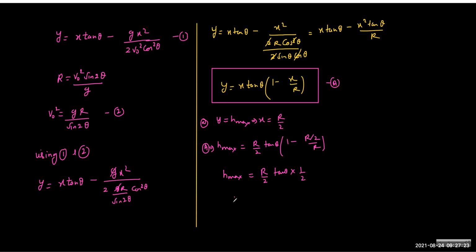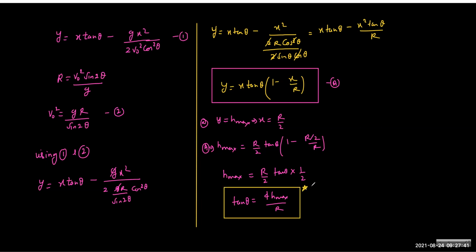And this gives a formula, tan theta equals 4 h max by r. This is something very interesting, and this is a very powerful formula which solves questions very quickly.